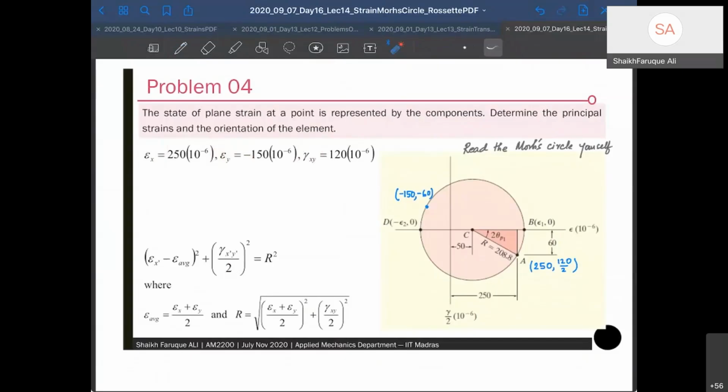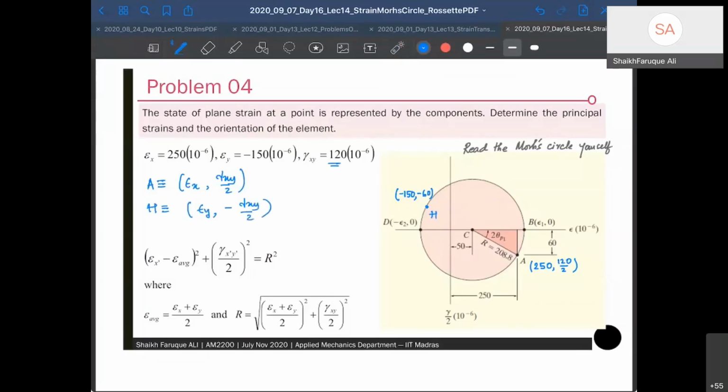So what I have to do is take point A. Point A is going to be epsilon x comma gamma xy by 2, positive, because that's positive here. Let's say this is point A, B, C, D is given. Let's say this is H. Point H is going to be epsilon y comma minus gamma xy by 2.